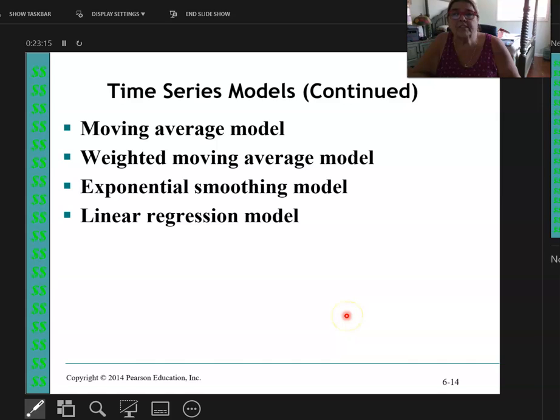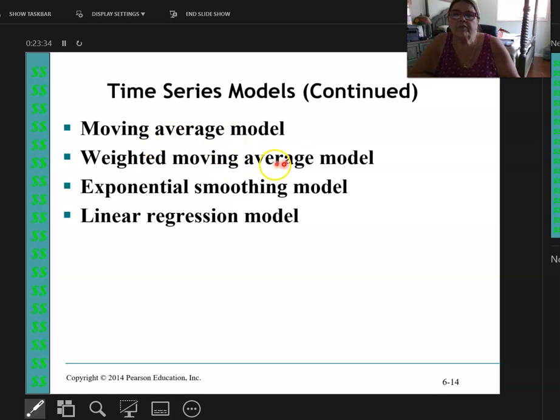So there are 4 different time series models. One is called a moving average model. I take an average, but it's constantly moving, constantly changing.